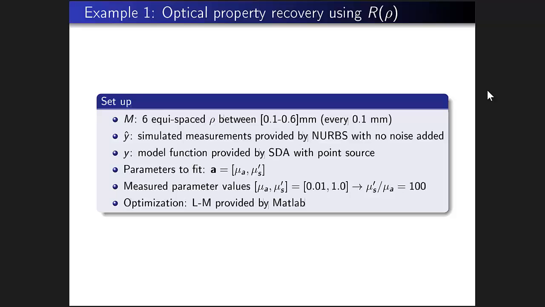What has been generated in NURBS is that Monte Carlo has been used to run a baseline set of reflectance measurements at a given set of optical properties.